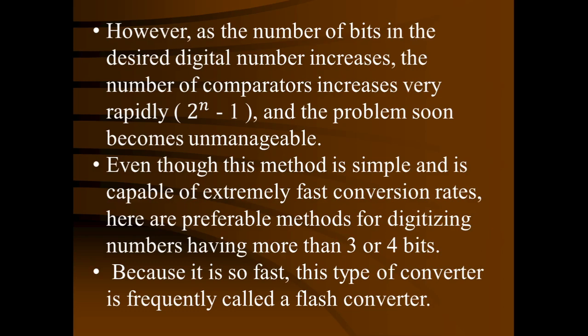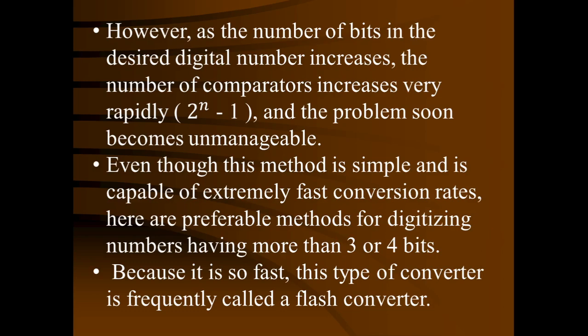Because if you require that the digital output signal should be divided into 16 ranges, that means 2 raised to 4 is 16 ranges. That means the output digital signal should be 4-bit. So if n is equal to 4, 2 raised to 4 minus 1, 15 comparators are required to get the circuit diagram of analog to digital conversion.